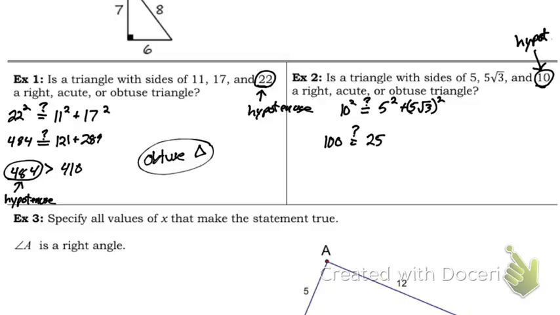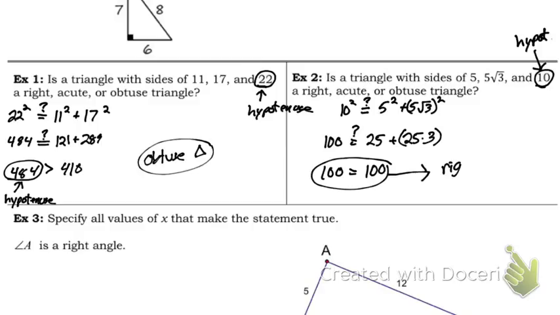Well, 5 squared is 25, plus 25 times square root of 3 squared, which is 3. Well, 3 times 25 is 75, plus 25 is 100. They are equal, so it is a right triangle.